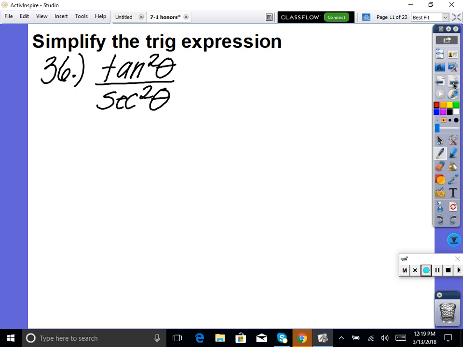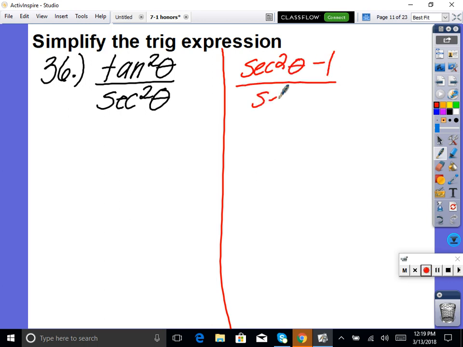Oh, you're saying it's secant squared minus 1? Okay, so he's seeing it a way I haven't even thought about before. That is one way of doing it. So you're saying that this is the same thing as secant squared theta minus 1 over secant squared theta. Okay, that's one way of thinking through it. That is not incorrect. Where would you go next to that, Ruben?